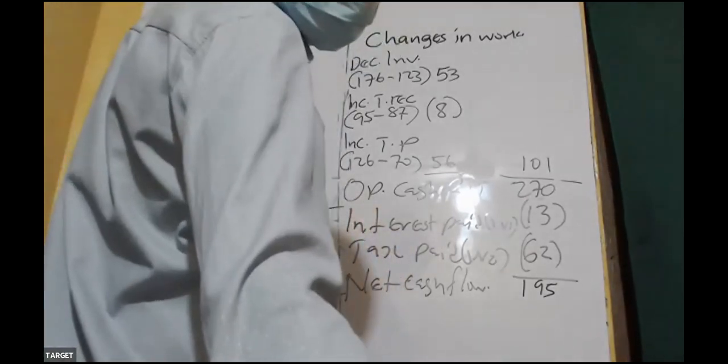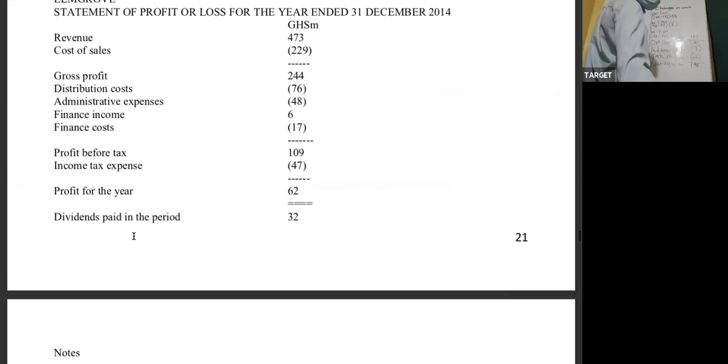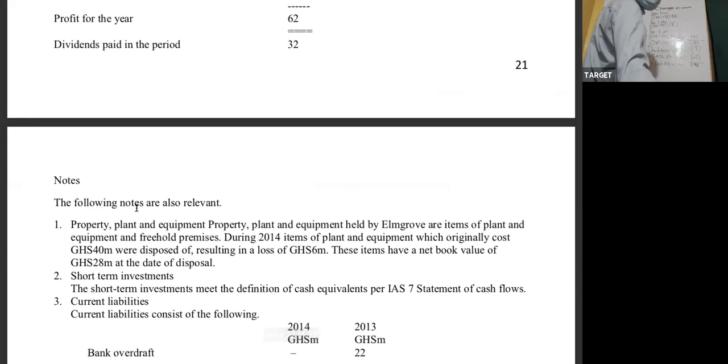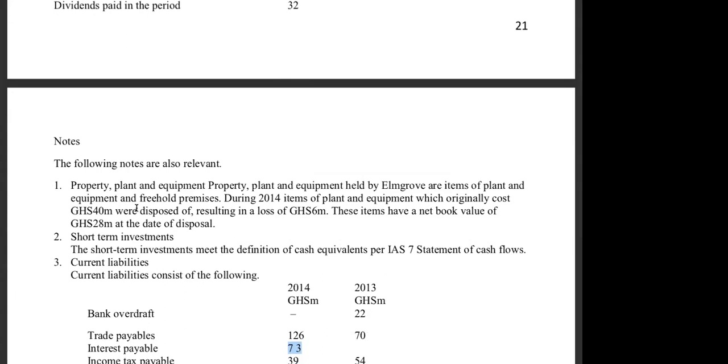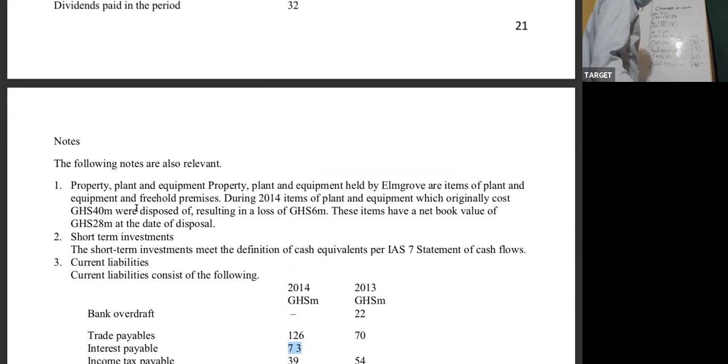Now let's go. Is there any disposal of assets? Yes. According to note 1, they sold assets. The PPE during 2014, items of plant and equipment which had originally cost 40 million were disposed of, resulting in a loss of 6 million, a net book value of 28 million.